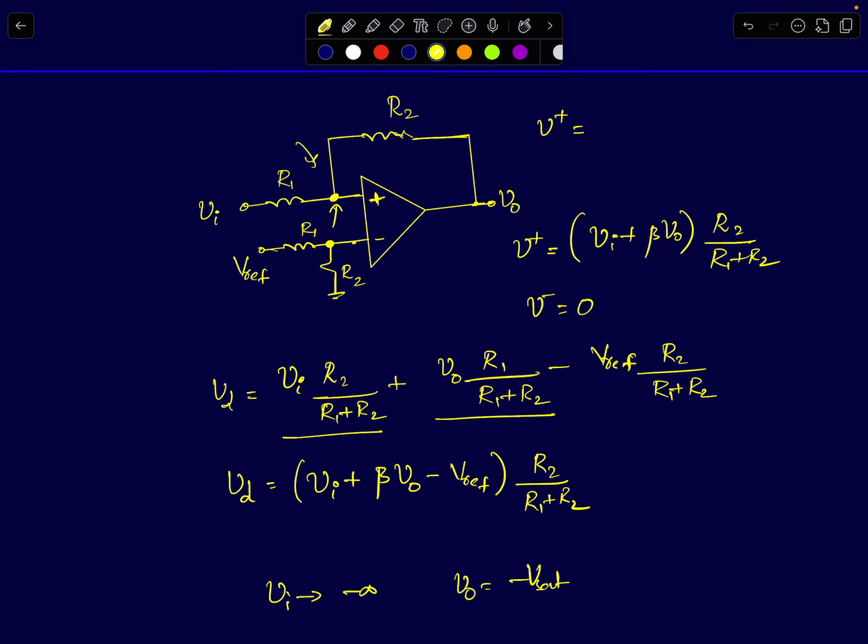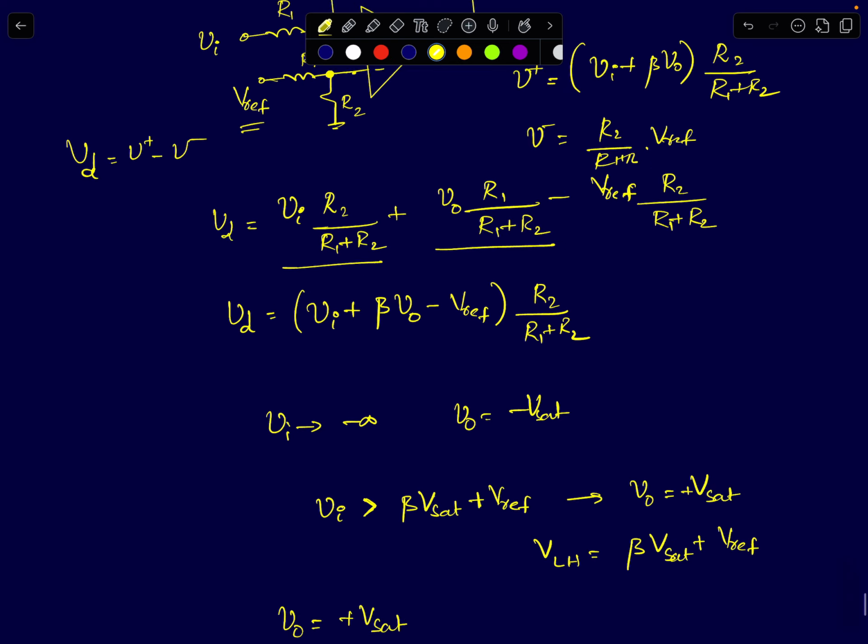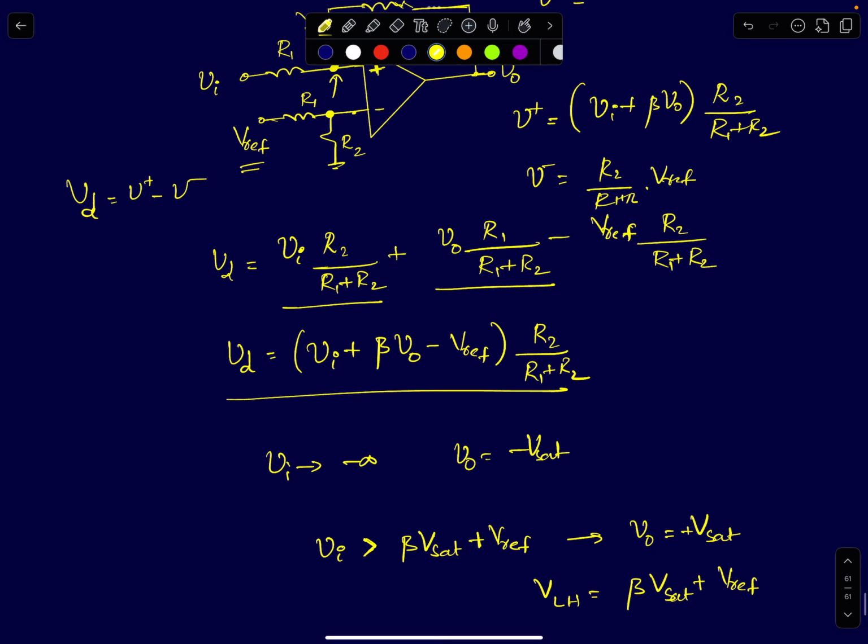Now, if I connect a resistive divider and voltage Vref, V minus is given by R2 by R1 plus R2 times Vref. So the differential voltage Vd, which is V plus minus V minus, is given by this. Taking R2 by R1 plus R2 common and subtracting the two voltages, you get Vi plus beta V0 minus Vref.